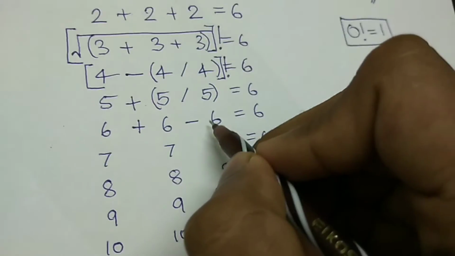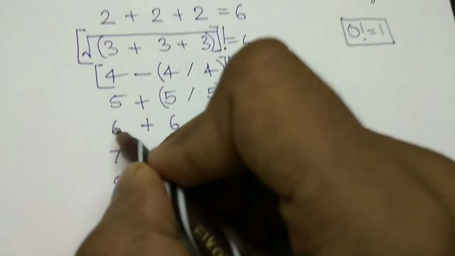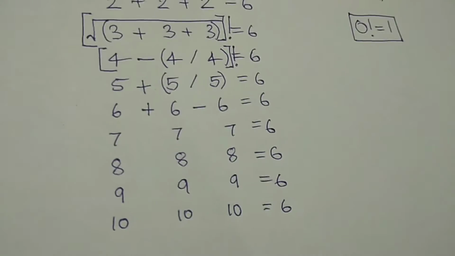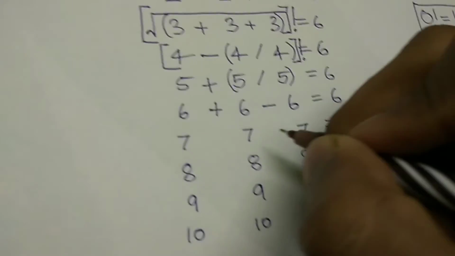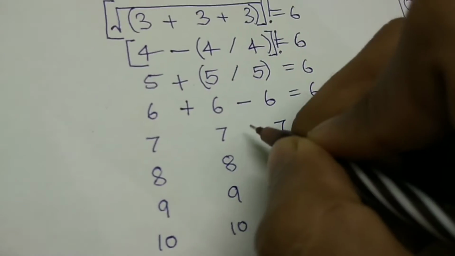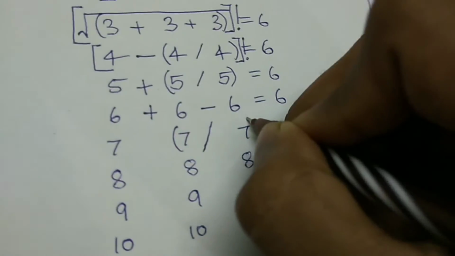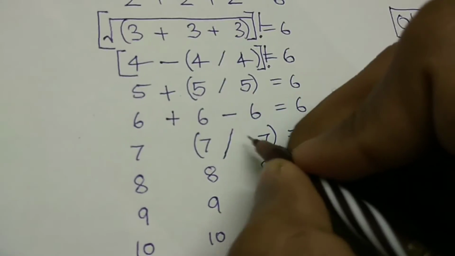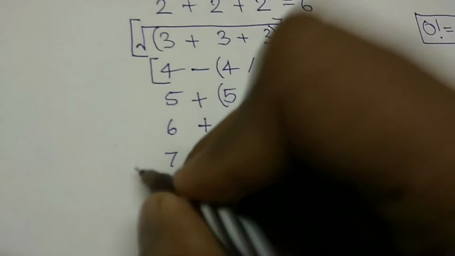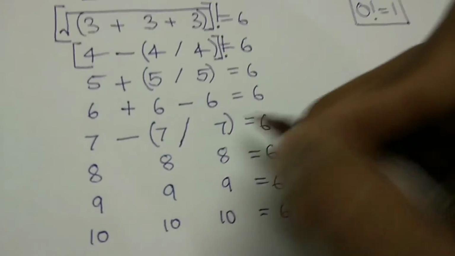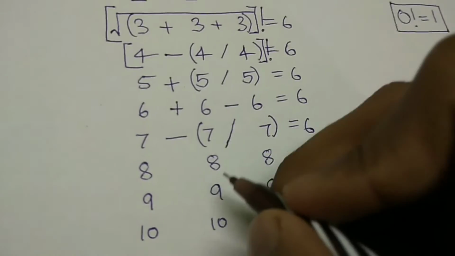So one positive and negative 6 will get cancelled, so 6 is equal to 6. So the seventh one we can solve in this way. Let's divide this 7 by 7, so that will be equal to 1, and just subtract 1 from 7, that is 7 minus 1 is equal to 6.